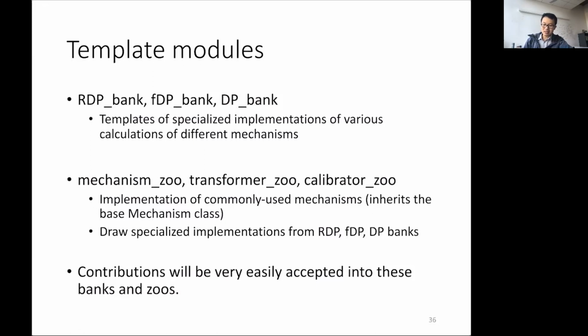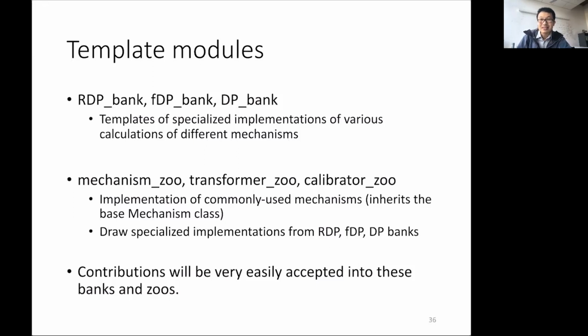Using these basic building blocks, we've also created a large family of already implemented mechanisms in the mechanism zoo, and already implemented transformers and calibrators in the calibrator zoo and transformer zoo. These are just collections of mechanism definitions, transformer definitions, and calibrator definitions that people can just take and use.